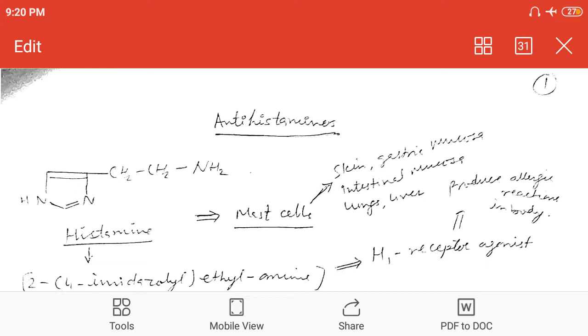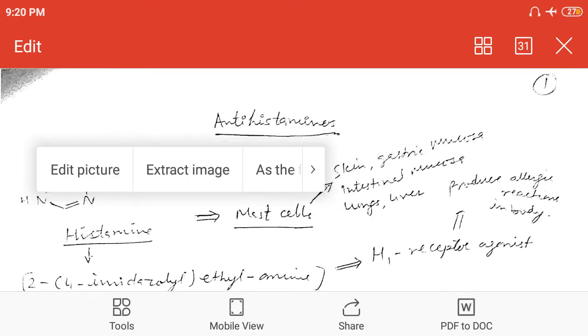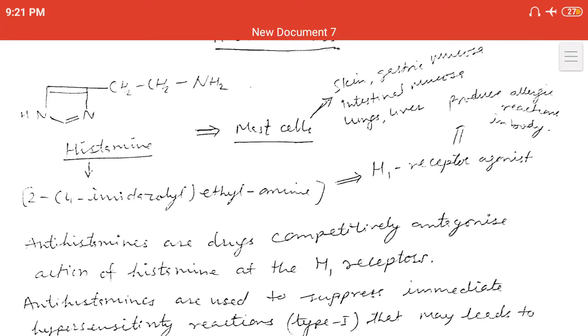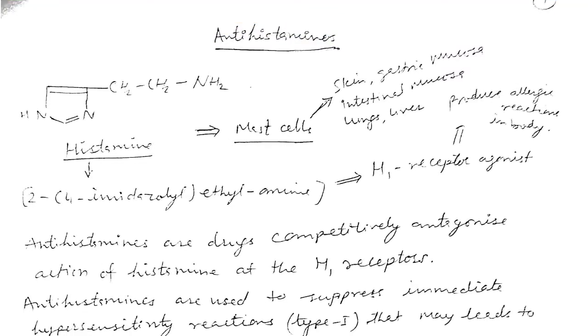As we discussed in the previous video, histamine is a basic amino group containing amine, beta-imidazolyl ethylamine, and it is present in the mast cells of various organs of our body, like skin, gastric mucosa, intestine, lungs, liver, and brain, everywhere.